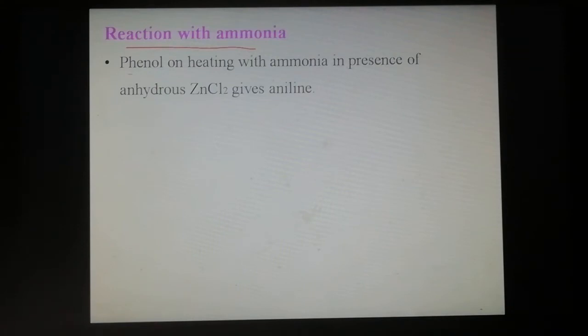Then next one, reaction with ammonia. Phenol on heating with ammonia in the presence of anhydrous zinc chloride gives aniline. This is an important method for the preparation of aniline.